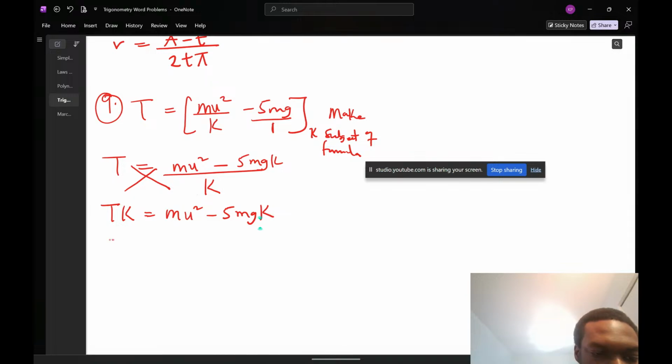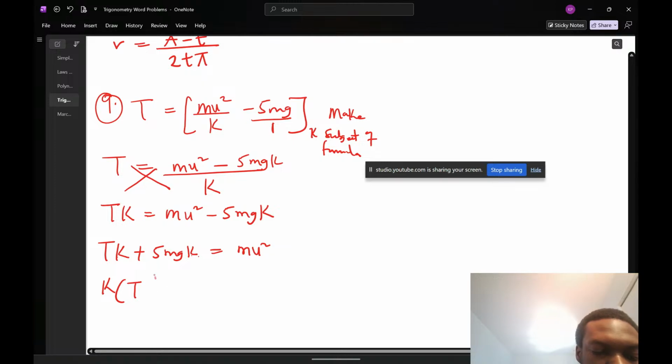Now let's bring this one to the other side. So that's tk plus 5mgk is equal to mu squared. Now k is what is common between these. If we use k to divide through, tk divided by k is t, plus 5mgk divided by k is plus 5mg, equal to mu squared.